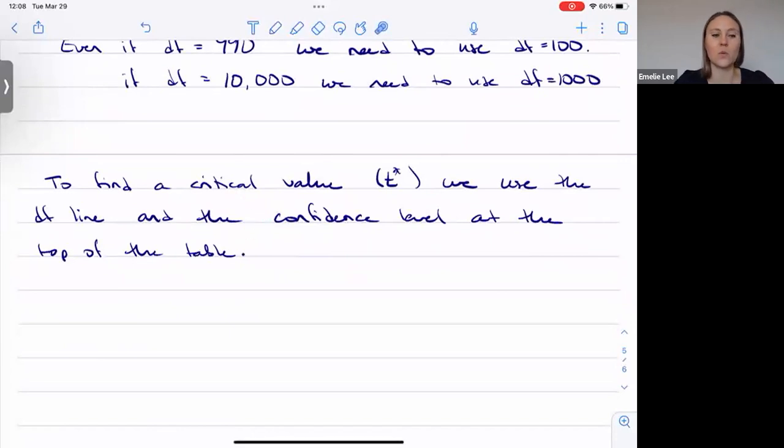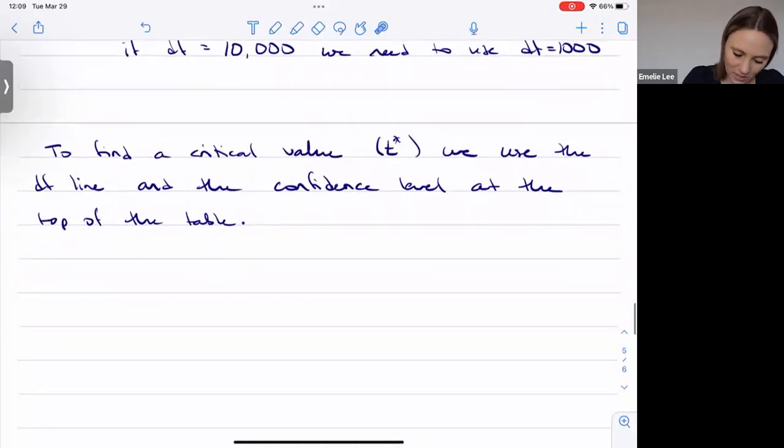So we use the degrees of freedom line and the confidence level at the top of the table.